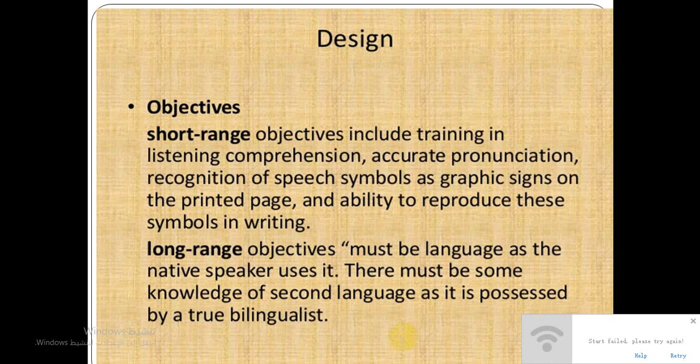The first is the short-range objective, which includes training in listening, comprehension, and accurate pronunciation. The second is the long-range objective, or the ultimate goal: to develop the students' abilities to be the same as those of native speakers, to use the language automatically without stopping to think.